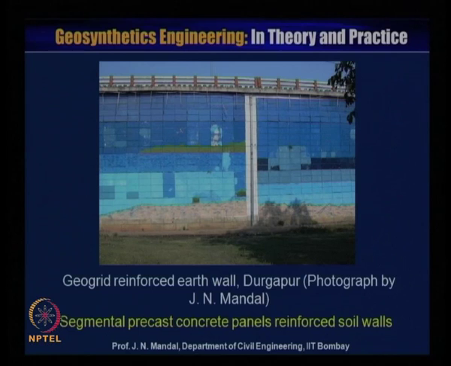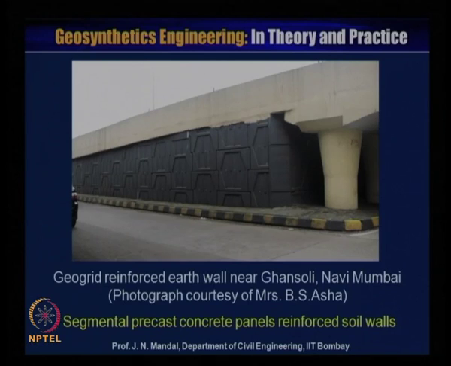This is the first geogrid reinforced soil retaining wall where a huge amount of fly ash has been used. This is another segmented precast concrete panel reinforced soil wall, a geogrid reinforced earth wall in Ghansali in Navi Mumbai, courtesy Dr. Asa.